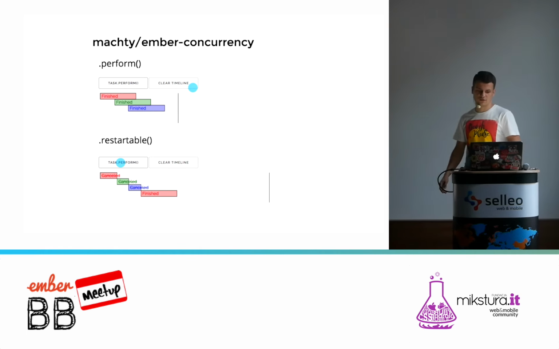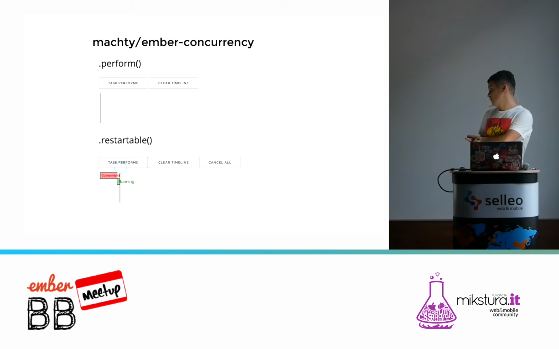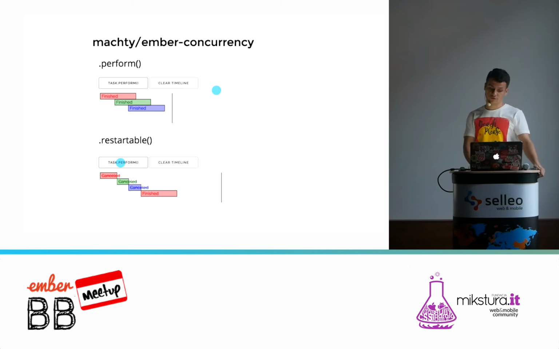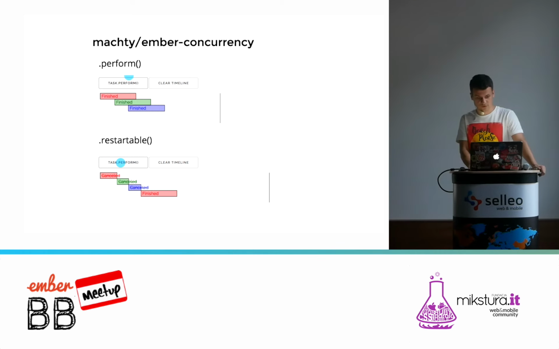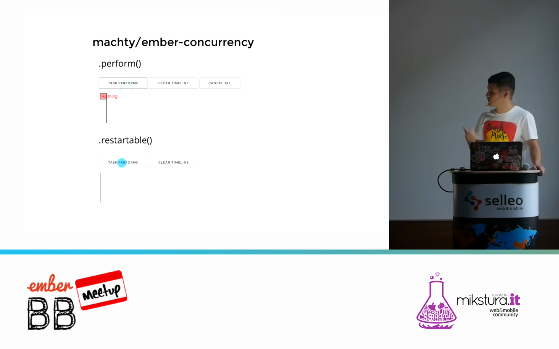You just take this add-on, take a look at the many options that it has, and probably most cases are handled here very nicely. It uses generators. It works very nicely with Ember. Very simple API. Yeah, so asynchronous stuff, just use Ember Concurrency.